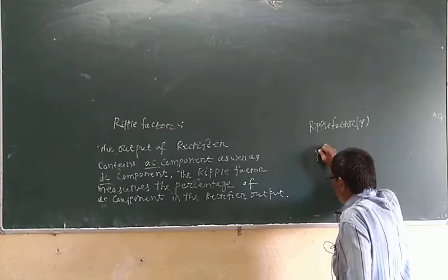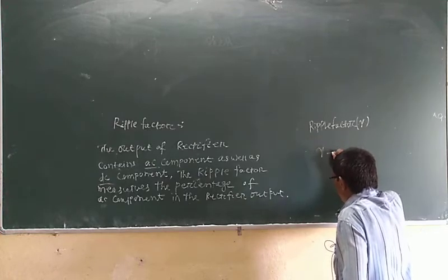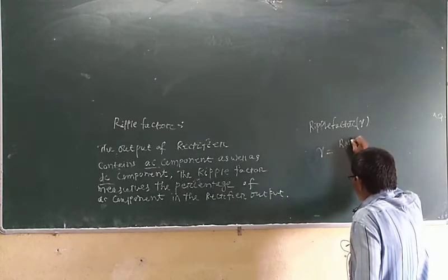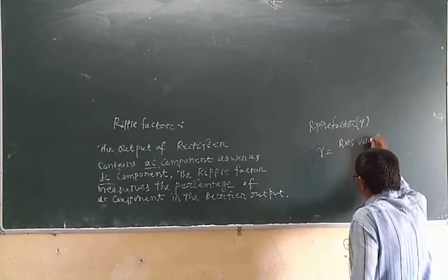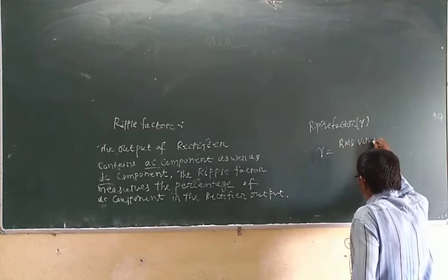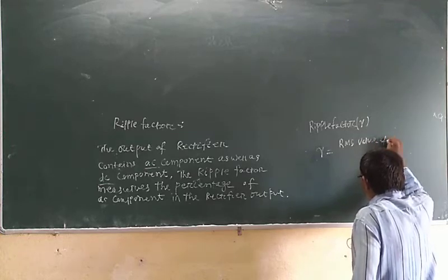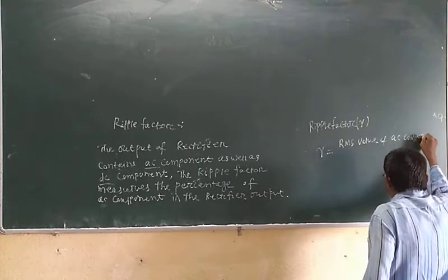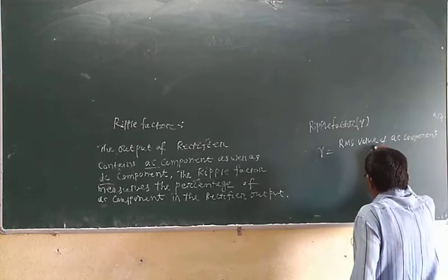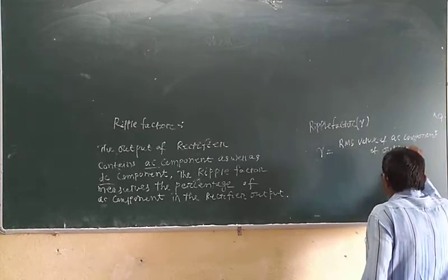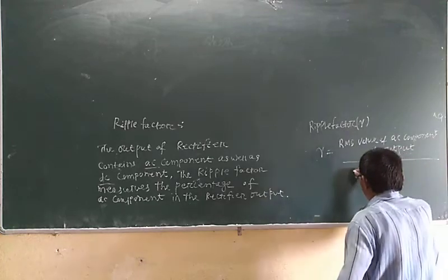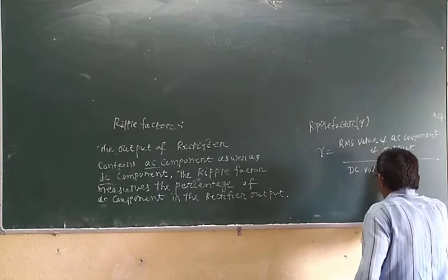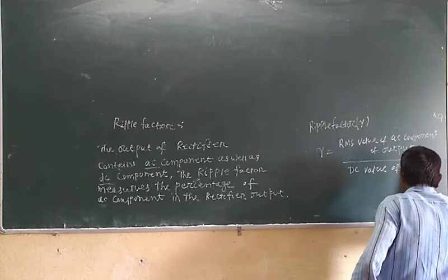So gamma equal to the RMS value of the AC component of output by the DC value of output.